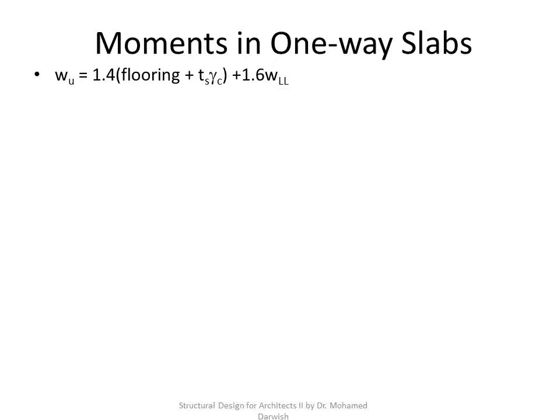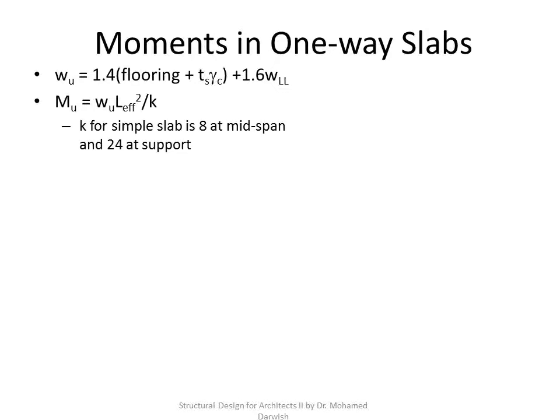The moments on one-way slabs are calculated by first calculating the ultimate load, which is 1.4 the dead load, which is the flooring plus the slab thickness times the concrete unit weight, plus 1.6 of the live load.